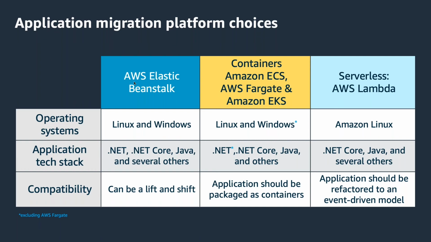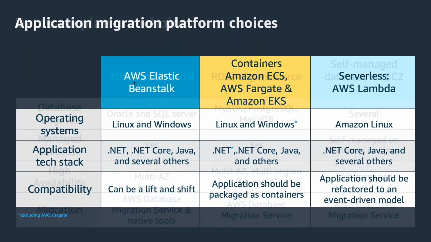And if you want to go to something more serverless, there is serverless with Lambda functions, where you can run your workload as code instead of running it on servers. Again, there are different compatibility things that we need to take care of, and this is where AWS can help you take a look at your application to decide the best path, the path of least resistance when it comes to modernization. So the different options are available.